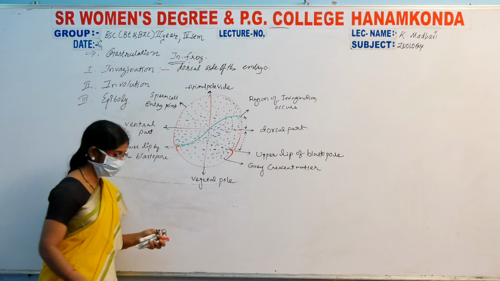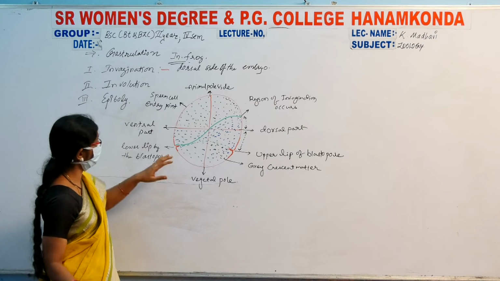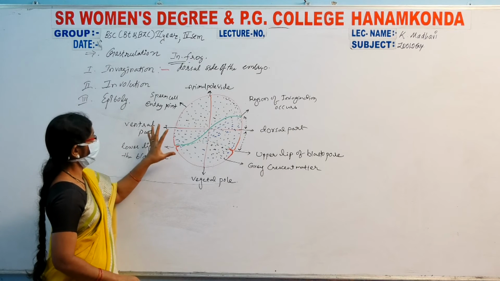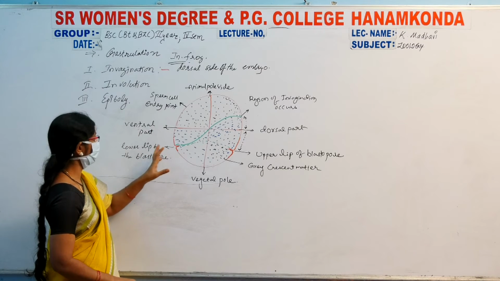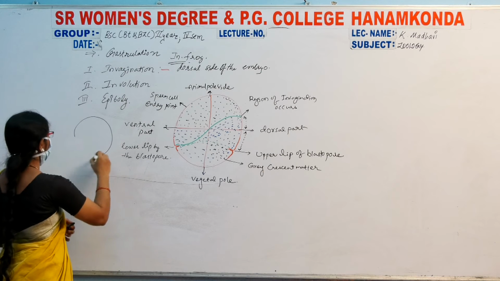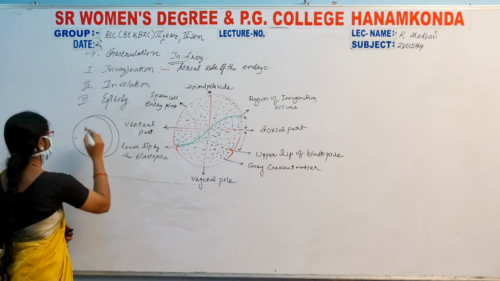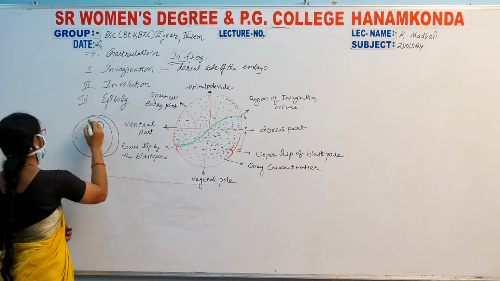This is the diagram which indicates the simple patterns of what occurs in gastrulation. Okay. Here the ventral part of this is the lower lip of the blastopore. Actually, the first diagram, you people simply remember. Okay. And here the formation of the blastopore.